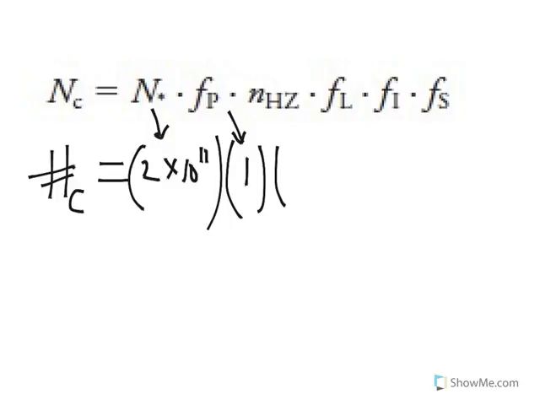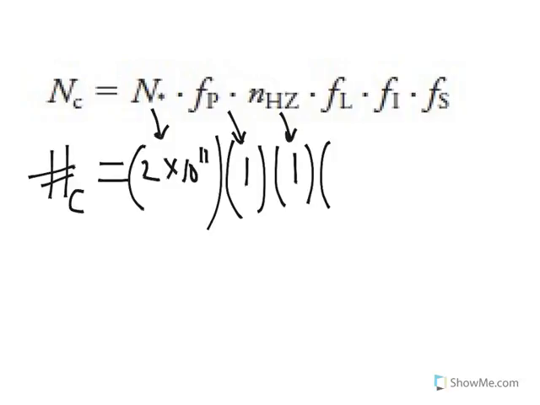The next one we have to look at is n sub hz. N sub hz is the number of planets per star that lie in the habitable zone or have water, and the star system is older than 4 billion years, and we chose a fraction of 1.